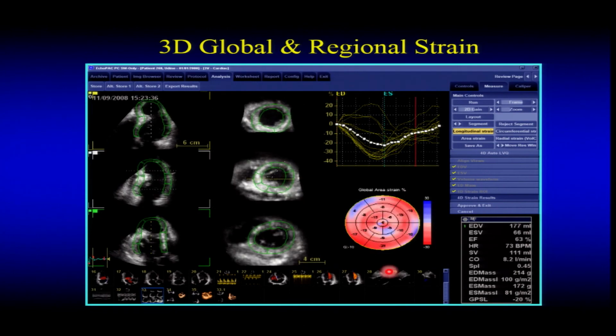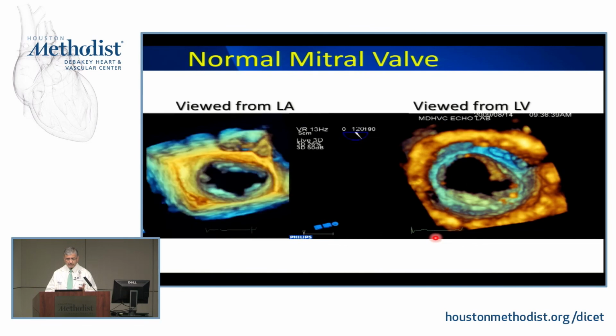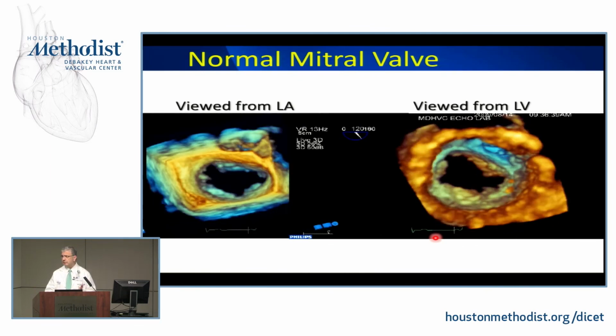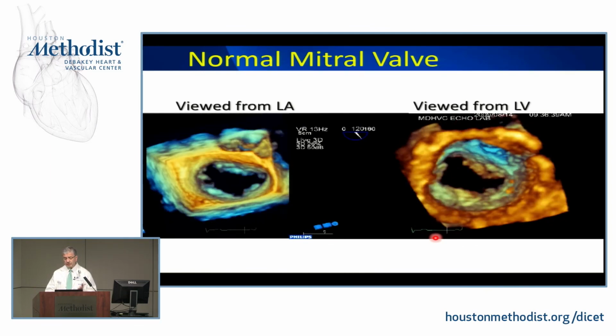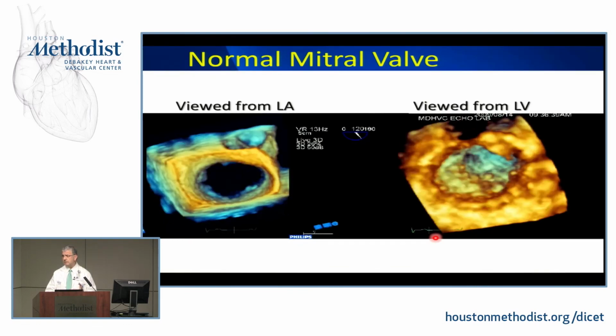Where the work will be, not only in strain, is improving the temporal resolution, but more importantly also the spatial resolution. However, some of these pictures, particularly with transesophageals, are really beautiful. So with transesophageal, you could almost take it to the bank on looking at the mitral valve. And I think that's really the way to go.